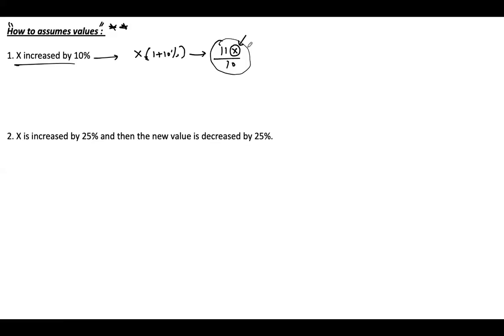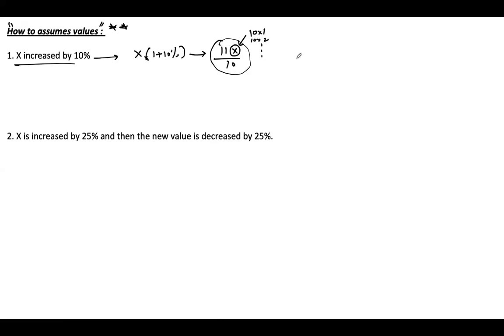The smallest value could be 1. If you're saying 1, is it a simple value? No. To completely cancel out, we need to take x as 10, some multiple of 10. It could be 10 into 1, 10 into 2.